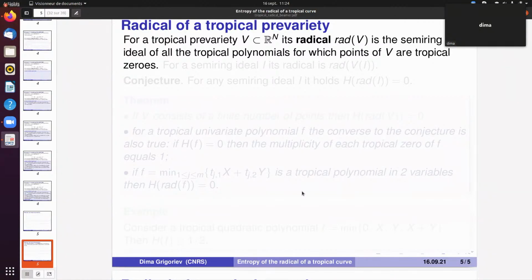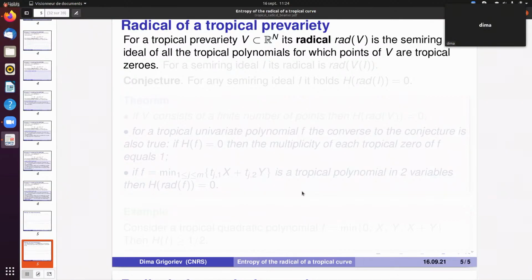But in this relation, the set of the polynomials which vanish on the prevariety is primary, and then the secondary is the description of the radical as the set of all the roots of the elements of the ideal. And so we are mainly interested in this radical in this sense.